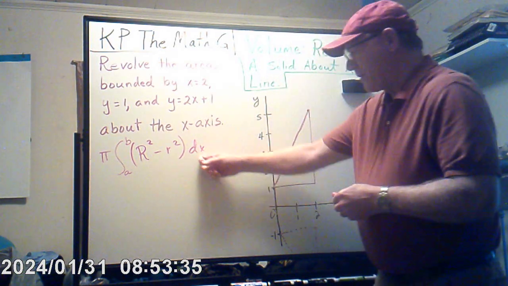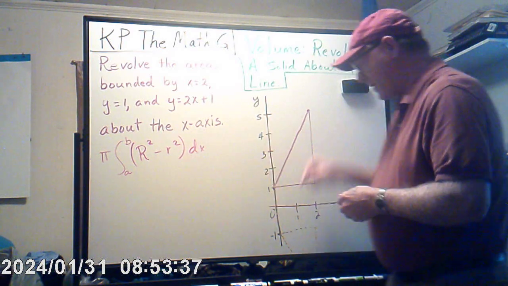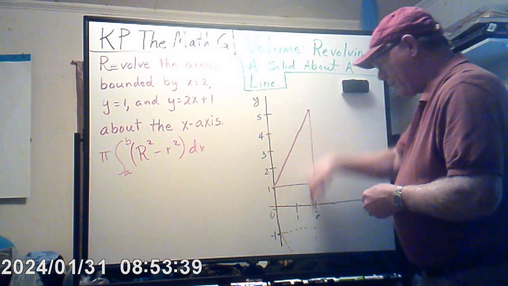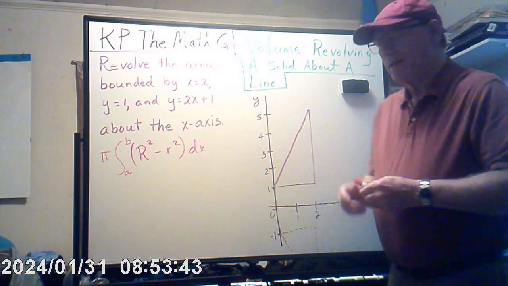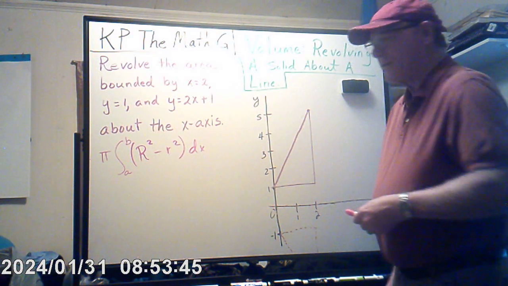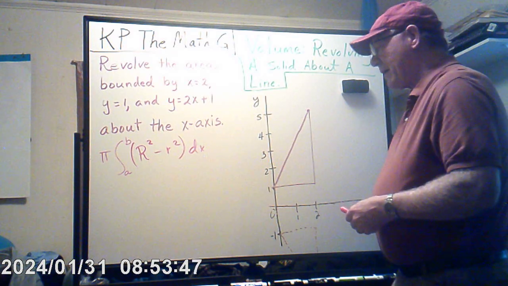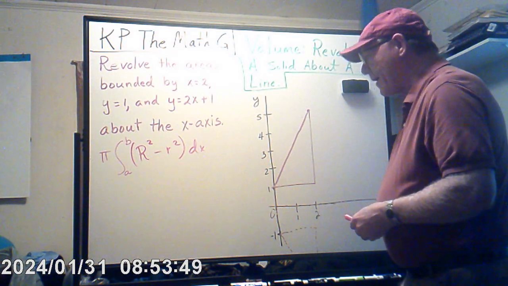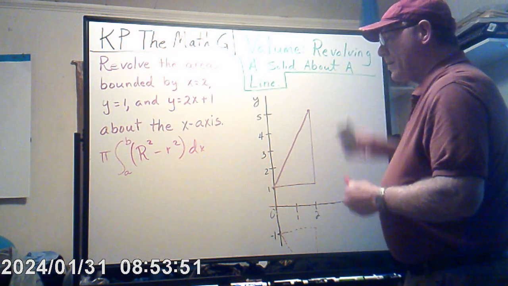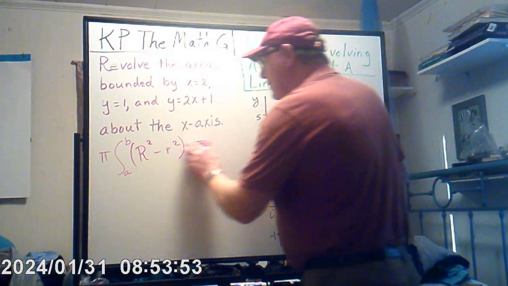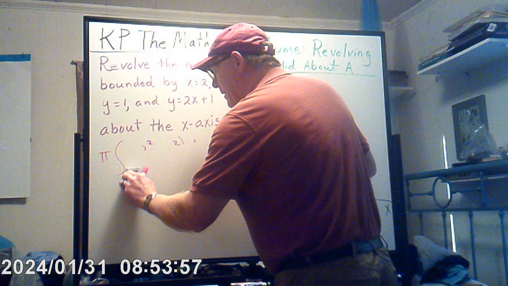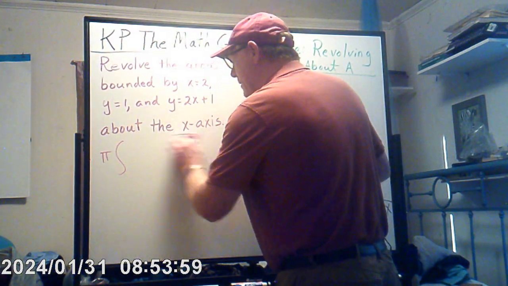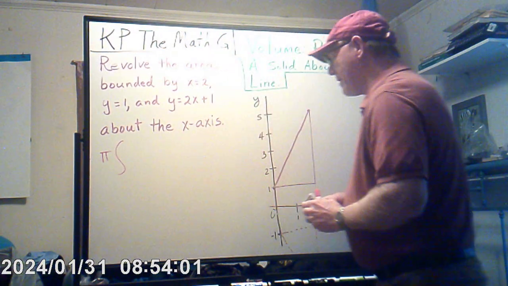In this case, we are dealing with delta x because we're running this interval perpendicular to that. Now let's erase this down to here, and let's see if we can set up the equation.